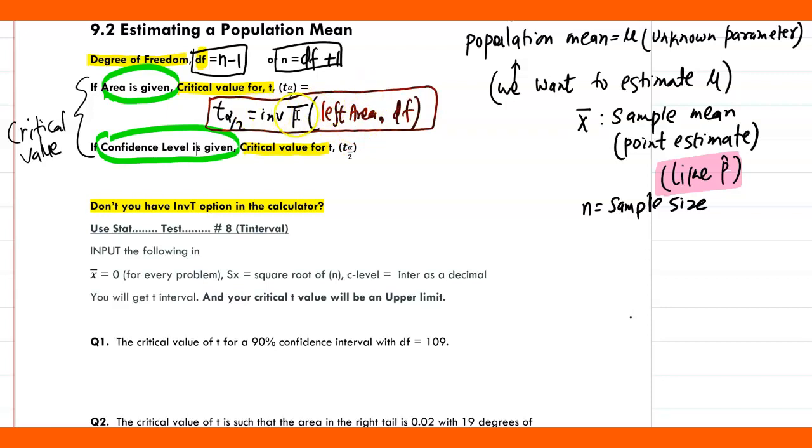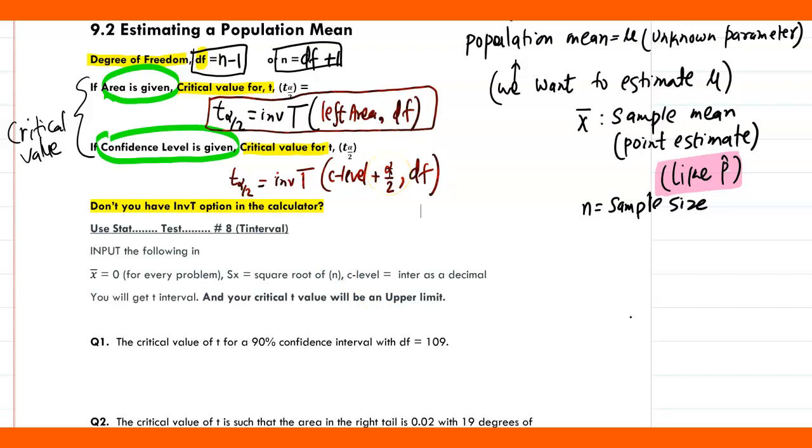That's the function. But if the confidence level is given, the critical value formula is going to be invT of confidence level plus alpha over 2, comma, degree of freedom. What is alpha?